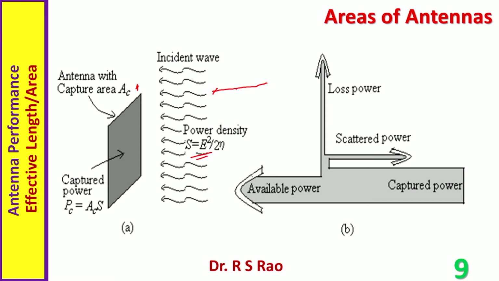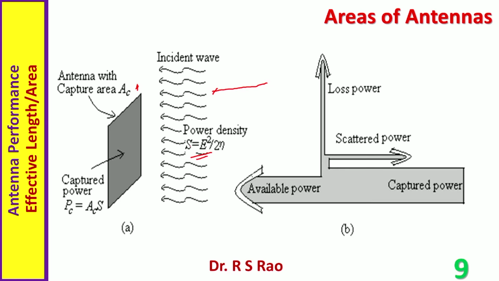The wave emitted by the transmitting antenna depends upon the antenna, but the wave that reaches the receiving antenna is nearly a plane wave. Whatever the wave emitted by the transmitting antenna, at the receiving antenna it is a plane wave, provided the distance between transmitting and receiving antennas is large.